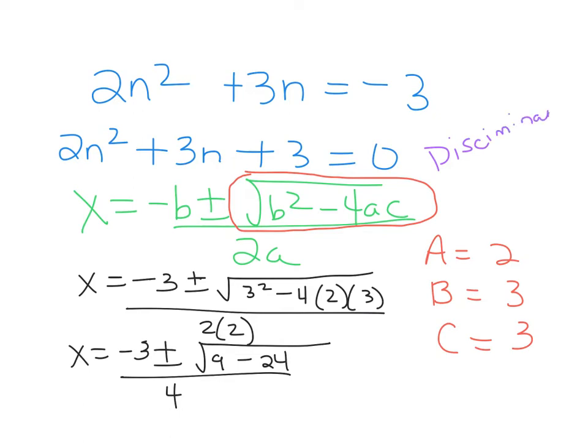The discriminant is very important, okay? The discriminant actually helps us determine if this actually has solutions, okay? So if I get a positive discriminant, then I know that this problem has at least one solution.